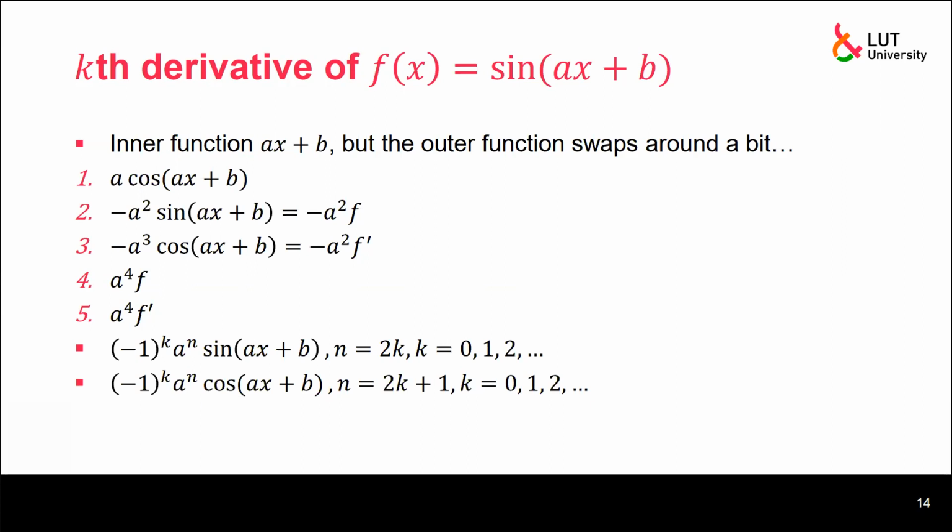So we define this n to be 2k, and when k is an integer number, then n must always be even. Again, if we define n as 2k plus 1, then that must always be an odd number, because 2k was always even, and k is an integer.